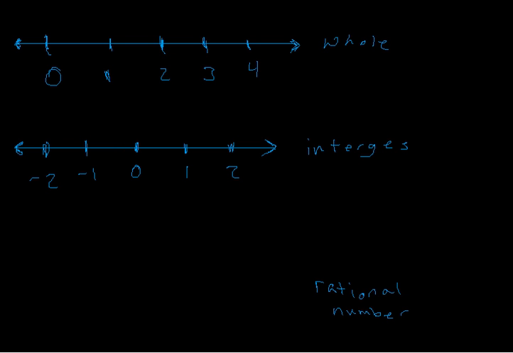Well, let's take an example here. Let's say that I want to find a number that's between 5 and 2/5 and 5 and 3/5. And I'll throw up a number line here to make the visualization a little bit easier.